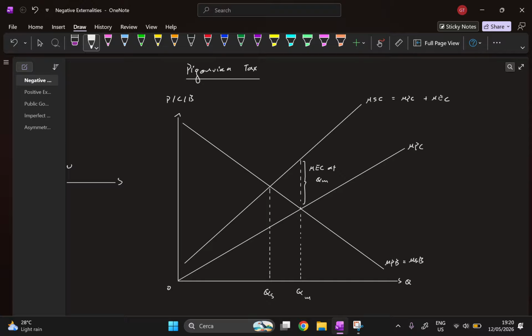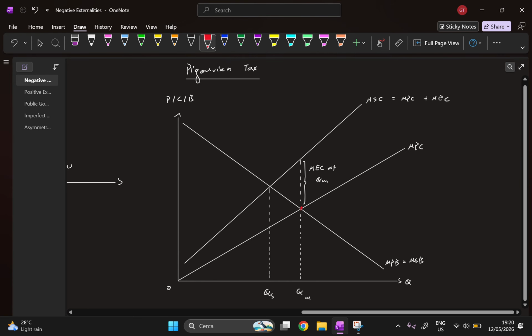So this is our externality graph, and just a quick recap: the reason why I have allocative inefficiency, the reason why I have this overconsumption, is because my rational producers and consumers are choosing to produce or consume at this point here, where my MPC intersects MPB, and therefore I get QM.